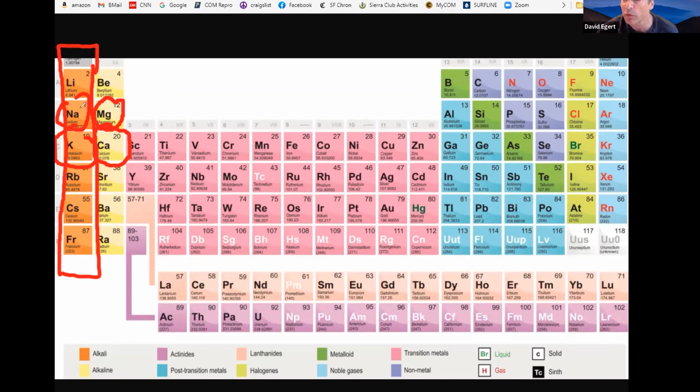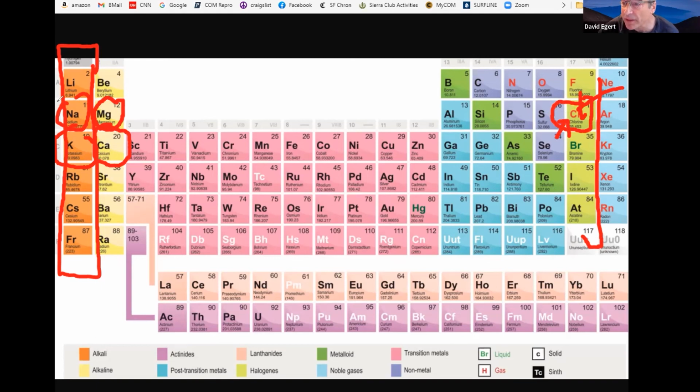So when you have things like lithium, sodium, potassium, magnesium, or calcium, you look at these suspiciously; depending on their situation, they have a good chance of ionizing. Then you look at this column, the halogens, chlorine in particular. Chlorine has 7 valence electrons.